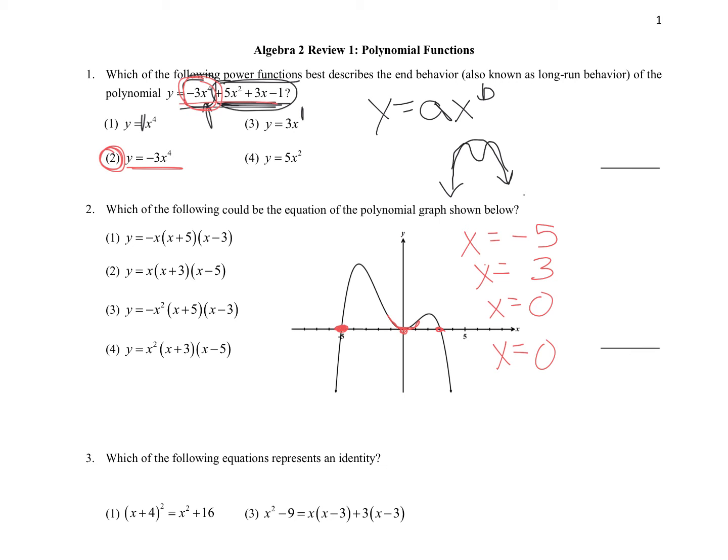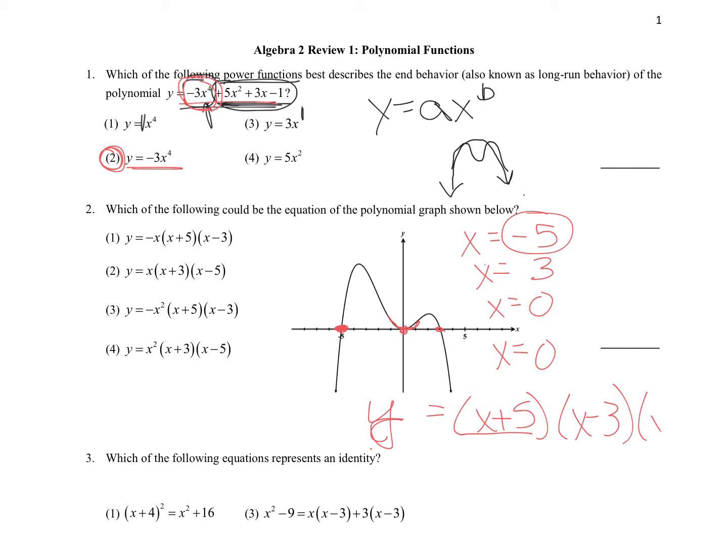If I'm going to write this function, we know that the roots have the opposite sign of the factors. So if I have a root of -5, I have a factor of x plus 5, and if we were going to solve this factor, set it equal to 0, it would go back to -5. So those two go together. +3 would give me a factor of x minus 3.